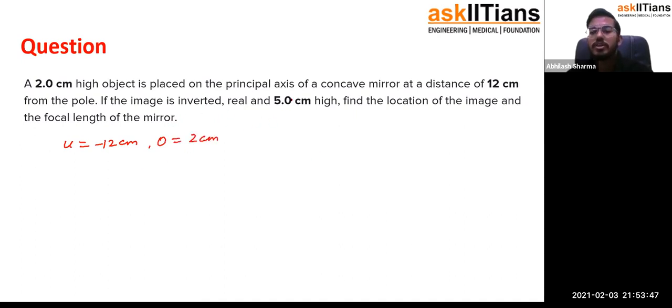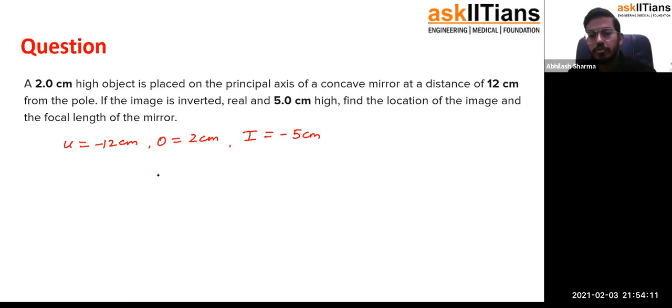Now they're saying the image formed is inverted. So first of all, it will be measured downward, negative height. It's real and it's 5 centimeter high. So when I write the image height, I should not take it as plus 5. It's downward facing, so I must take it as negative 5 centimeter. Find the location of the image and the focal length of the mirror, right?